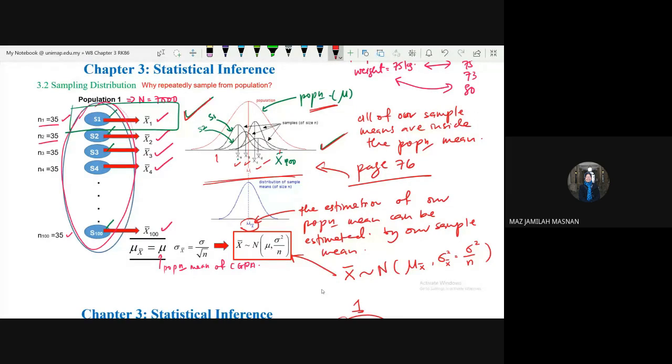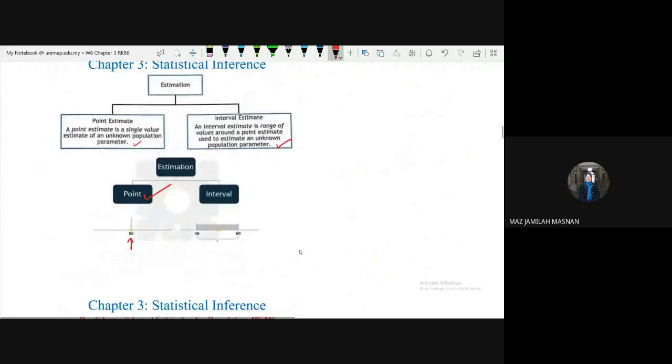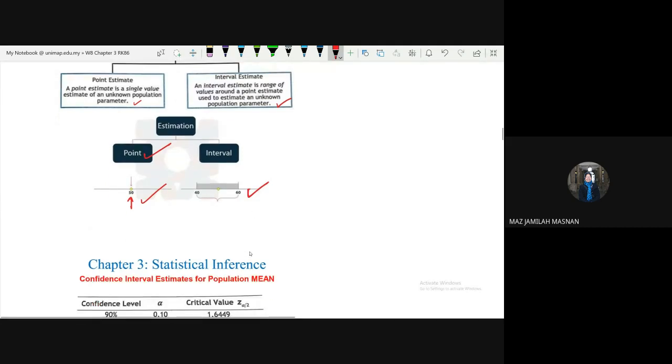Knowing that this is what happens in reality, there will be a need for interval estimation. So we may have point estimation, or we may have interval estimation. For interval estimation, the point estimate is also used in it. So this is the point, our X bar.